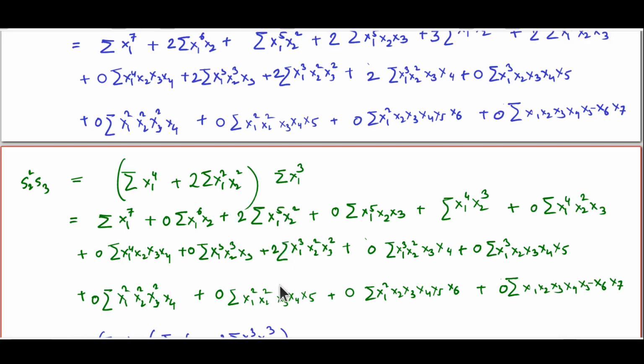Now, although this looks like a rather lengthy thing to calculate, you should realize that there are only very few non-zero terms here. You can get x1 to the 7 by multiplying x1 to the 4 from here by x1 cube from here. You can get x1 to the 4 x2 cube by multiplying x1 to the 4 from here by x2 cube from here. That's one more term. And by multiplying this by x1 cubed, we can get x1 to the 5 x2 square, which is coming with a coefficient of 2.